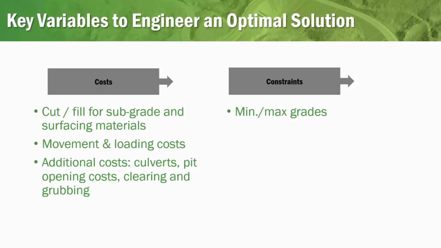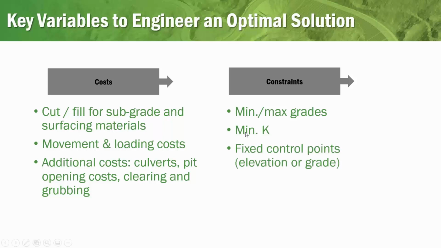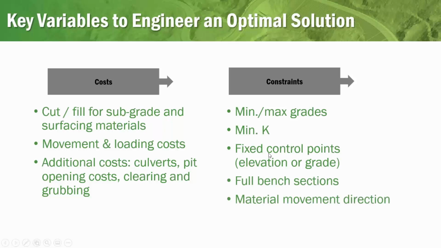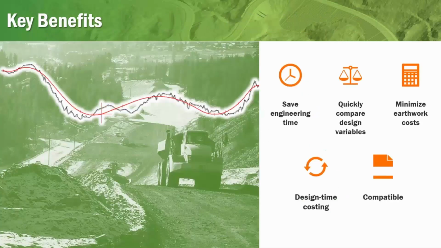Constraints: you can define your grades for your road and vertical curvature. You can also put in control points, so you can force the road to go through various locations vertically. Finally, you can define the flow of material and whether or not you have full bench or a minimum fill. So there's a lot of control in constraining the alignment.